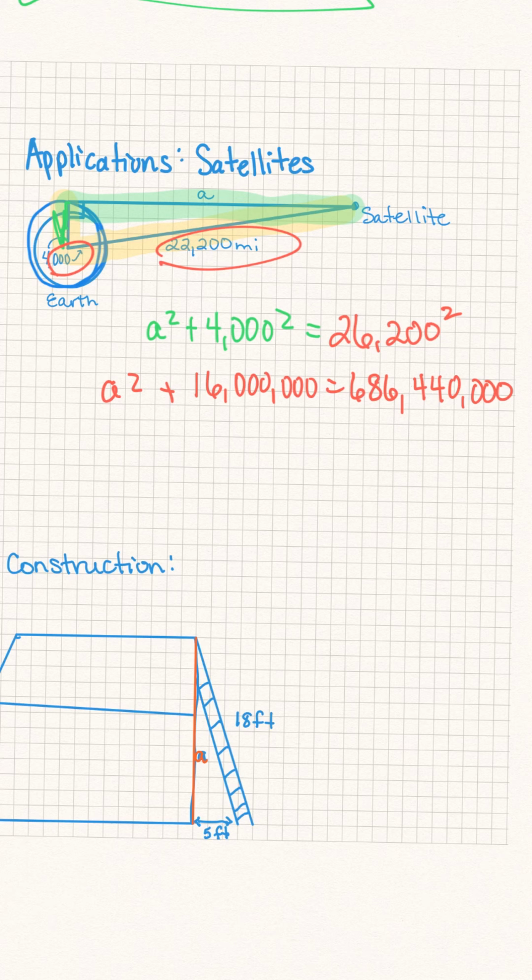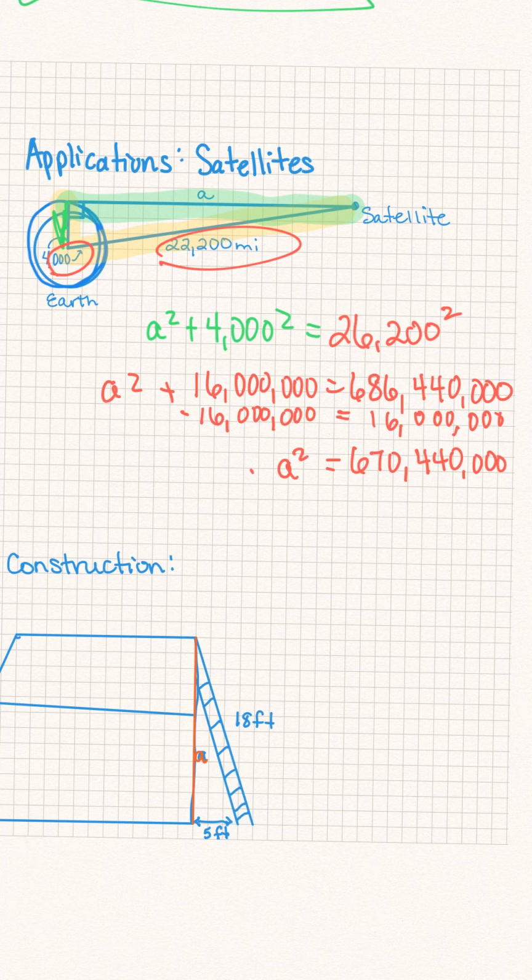And here we have a squared. We want a by itself, so we subtract 16 million from both sides, and that's going to equal 670,440,000 for a squared.